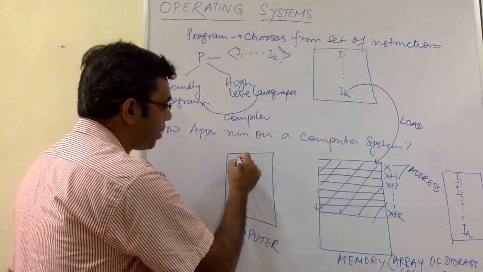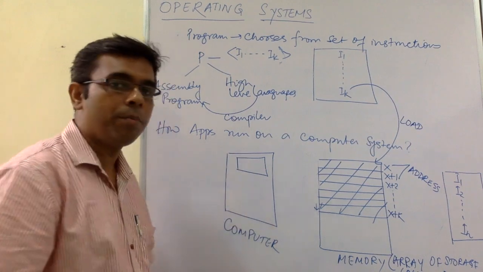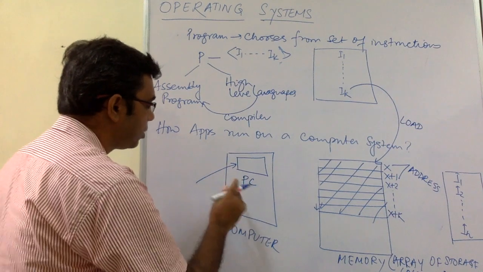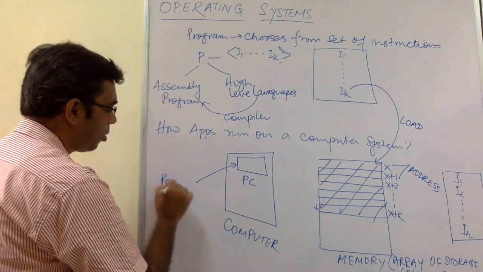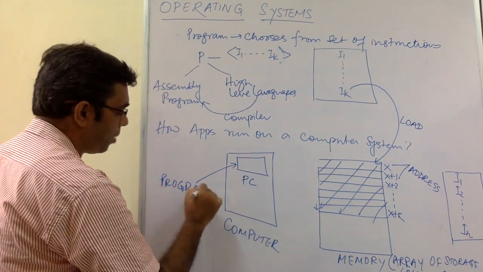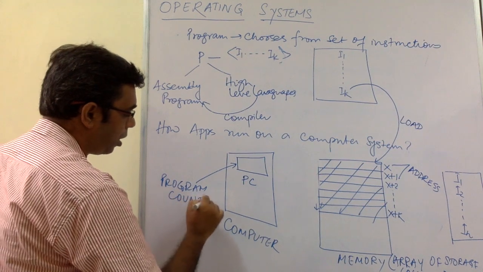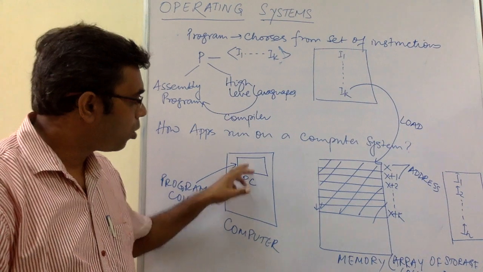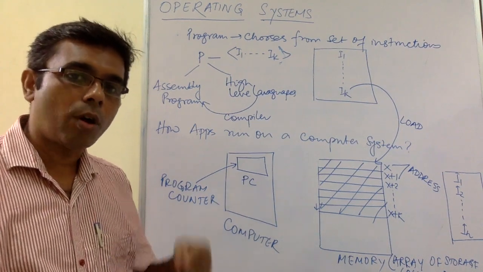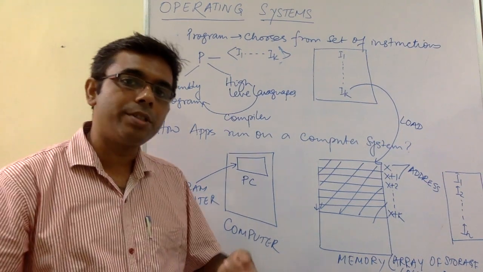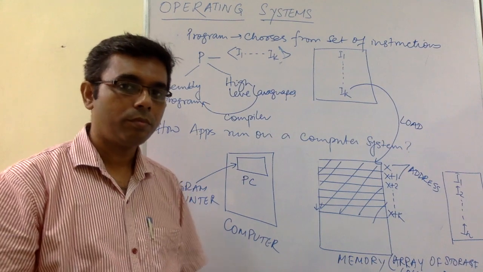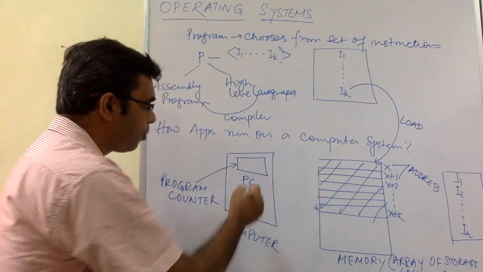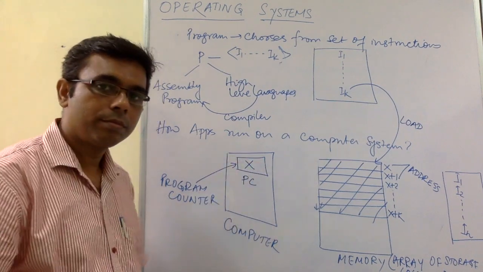There is a special location in the computer called the program counter. The program counter is a storage location within the computer that holds the address of the instruction that has to be executed now. So if the instruction I want to execute is at x, the content of the program counter should be x.